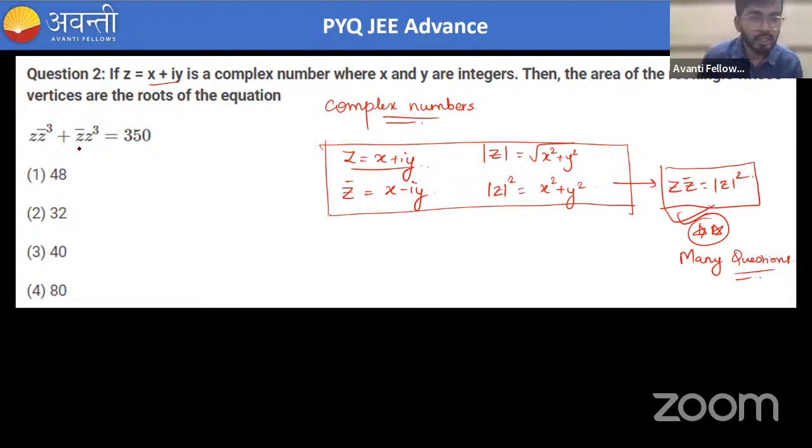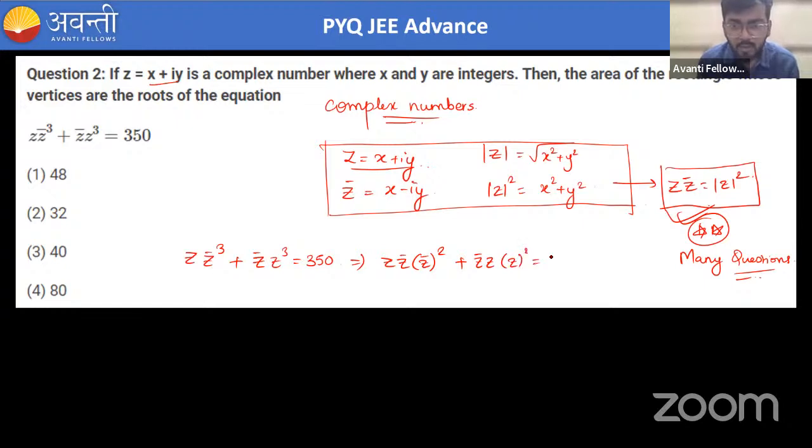So what I'll do here is, in the given equation, z conjugate cube plus z conjugate z cube is equal to 350. In this equation, can I write it as, first of all, z conjugate into z conjugate square plus z conjugate z into z square equals to 350, right?